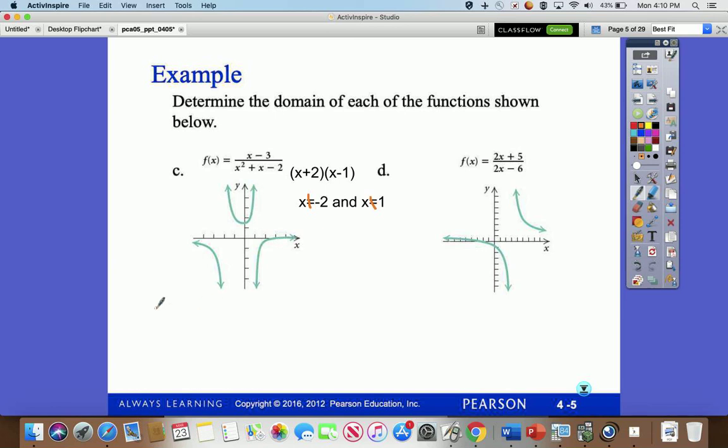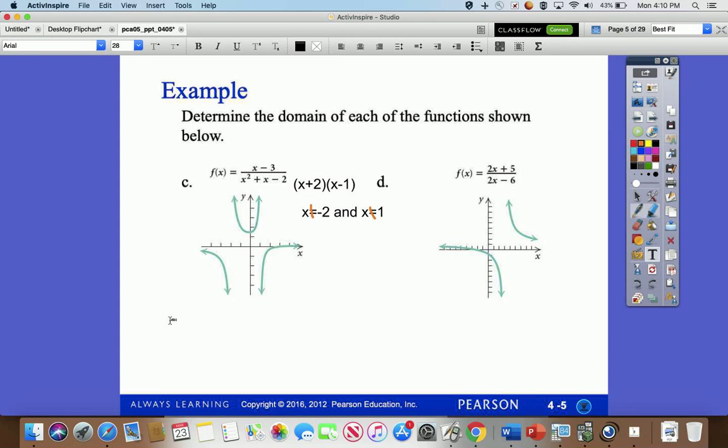All right, so we would write our domain for this one. Negative infinity, I'm just going to write I-N-F, you'd write the symbol, comma negative 2, union negative 2 to 1, union 1 to infinity.